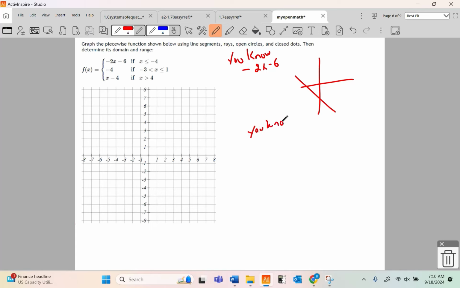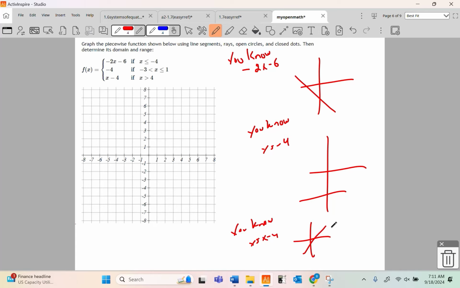You know y equals -4 is something like this. And again, you know y equals x minus 4 is something like that. You're supposed to know these things. It's not my fault you don't. It really isn't.